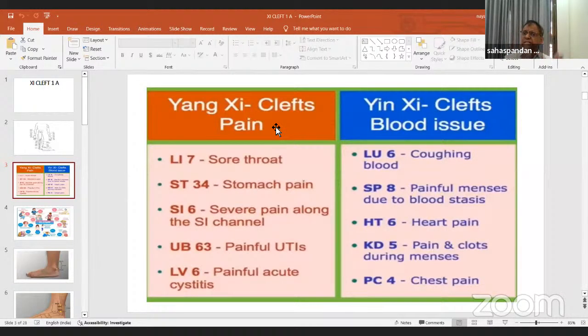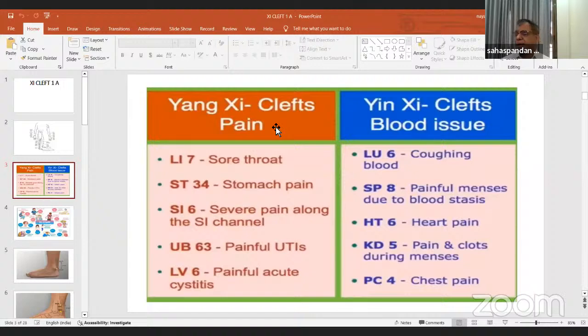Okay, LI6 for sore throat, if there is any inflammation and soreness in the throat, prick it. ST34 for stomach pain. If there is intense, acute stomach pain, sorry, not GB34, ST34.